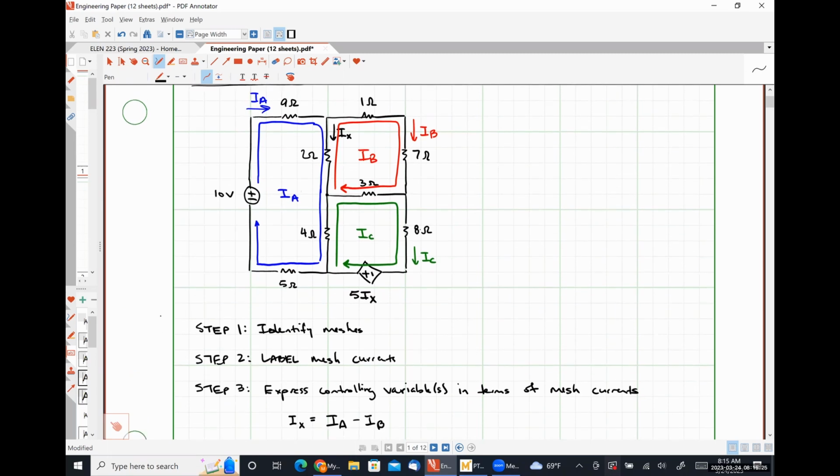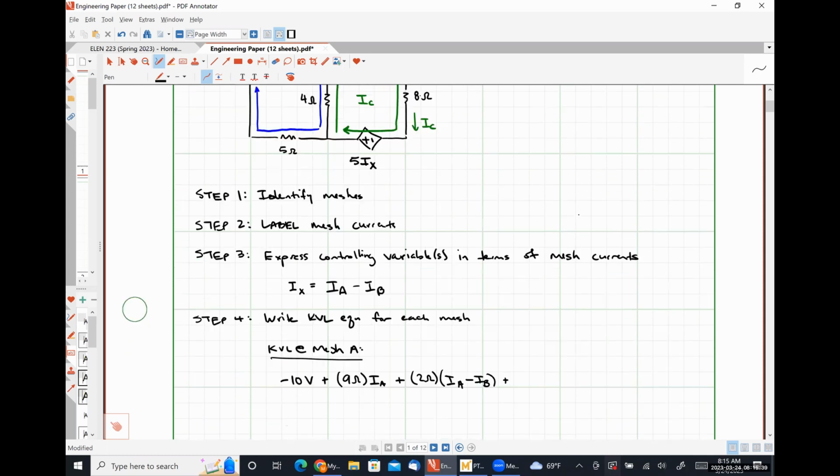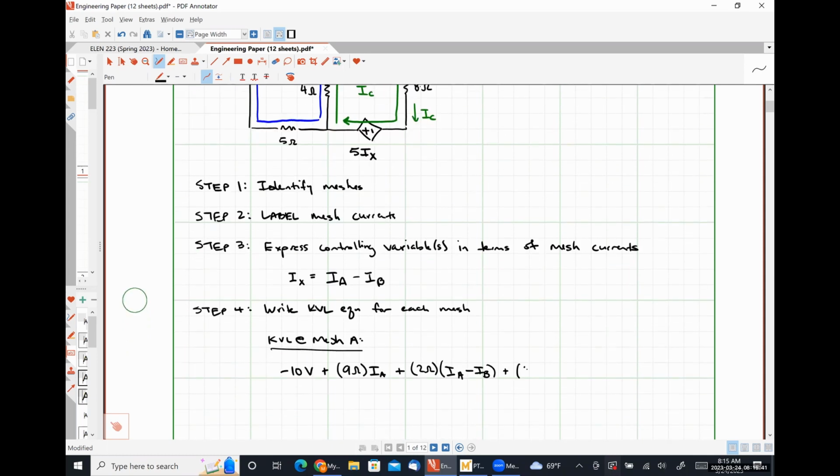Now we see our 2 ohm resistor. And it's carrying a total current of IA minus IB. Then we have our 4 ohm resistor, which is carrying a total current of IA minus IC.